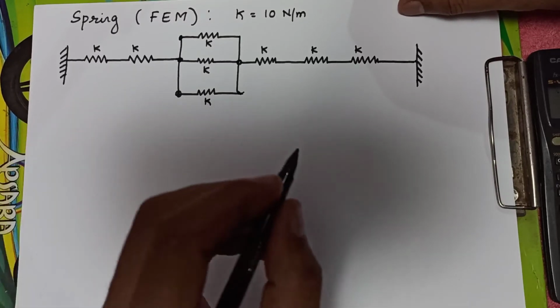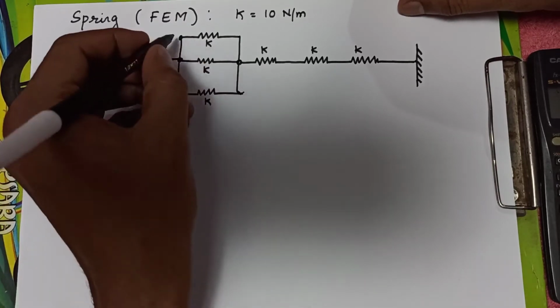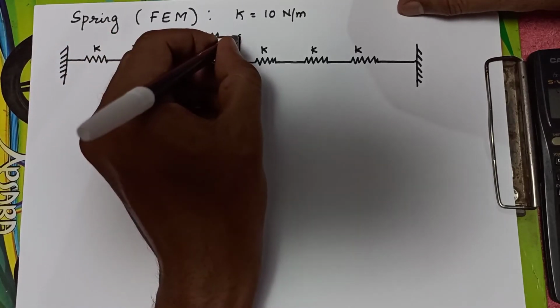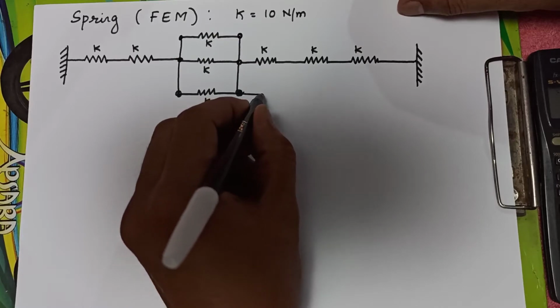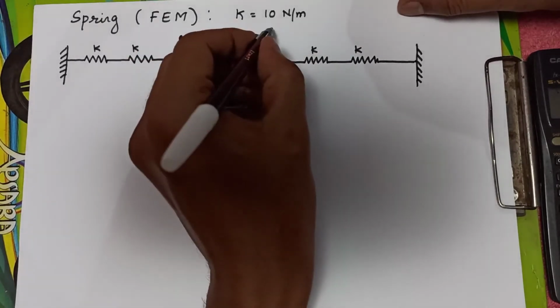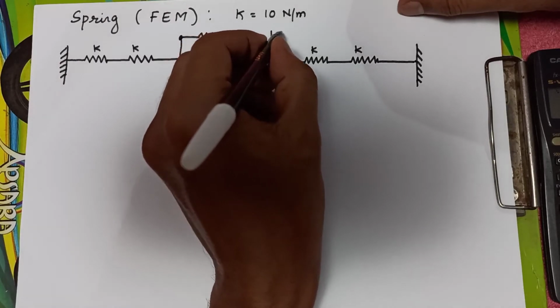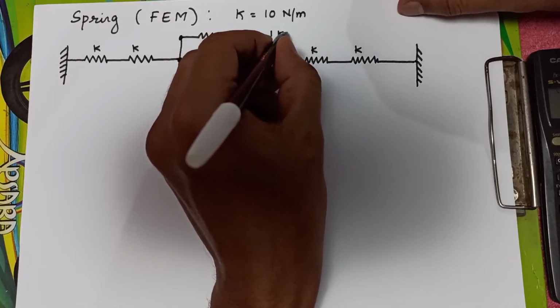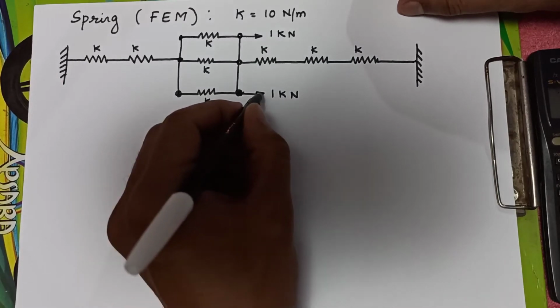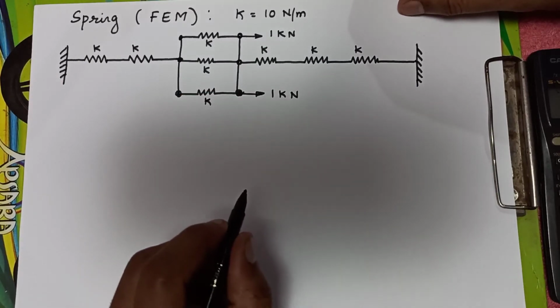Now let us apply some force. So I will apply the force here, at this end. Like this you can apply. So let us assume 1 kilo Newton. 1 kilo Newton is the load which is applied towards the right side.